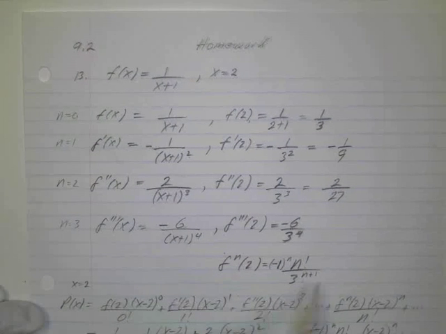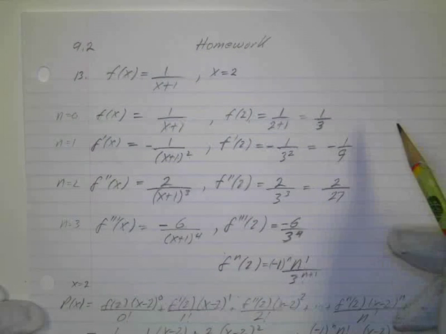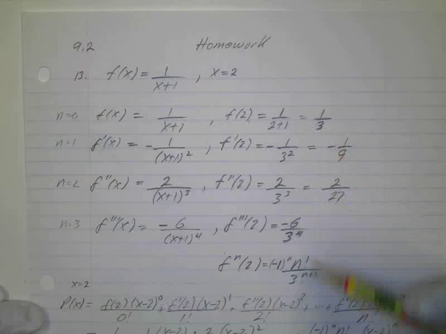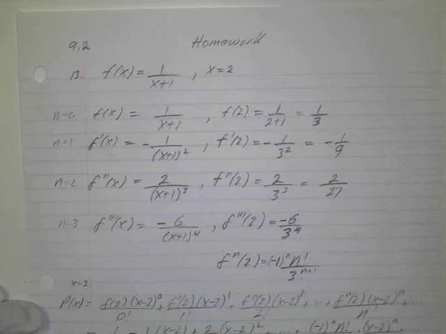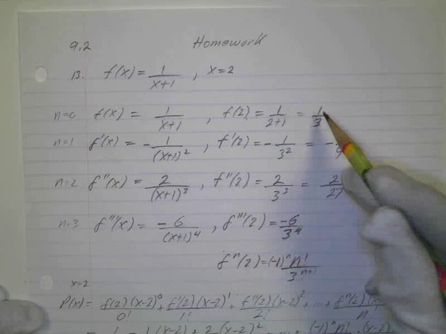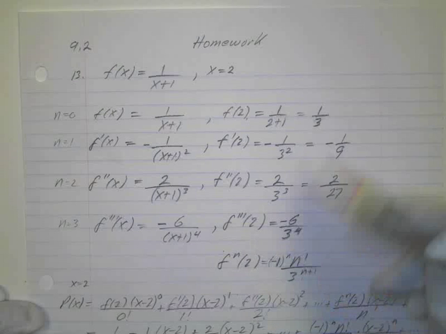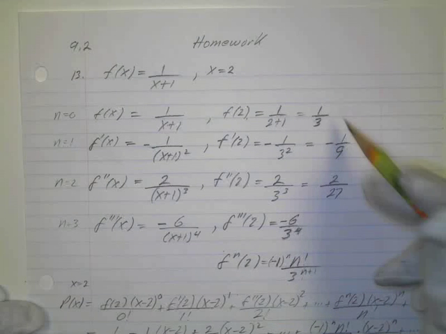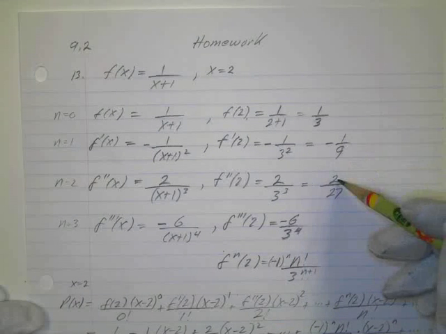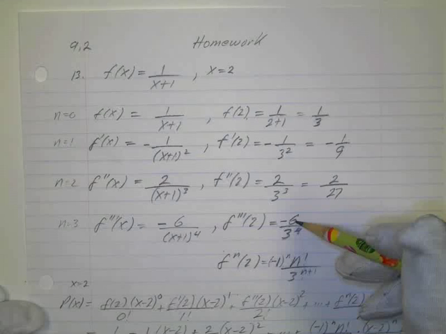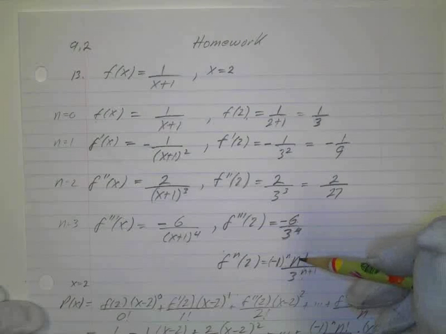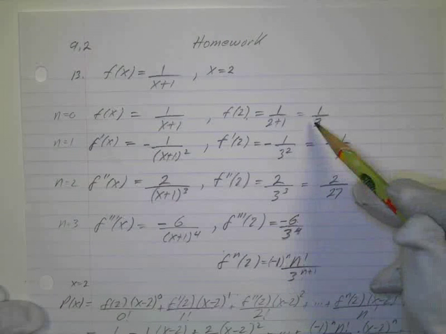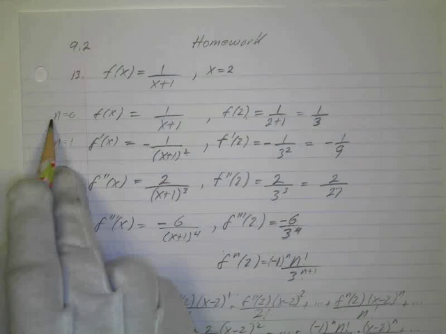I found a general formula for the derivative. You can see the derivative is going to be alternating signs, and if I go from 0, this would be 0 factorial, 1 factorial, 2 factorial, 3 factorial. So the numerators are going to be n factorial, and the denominators are just going to be 3 to the n plus 1, if I start at n equals 0.